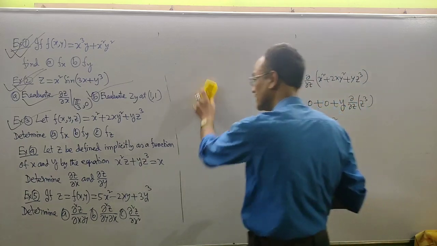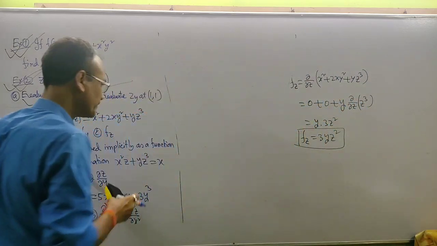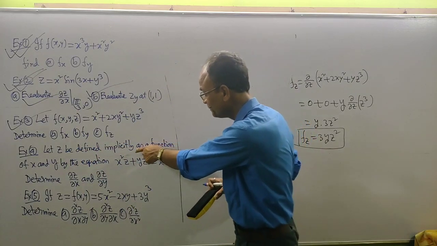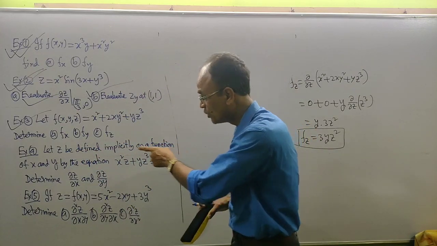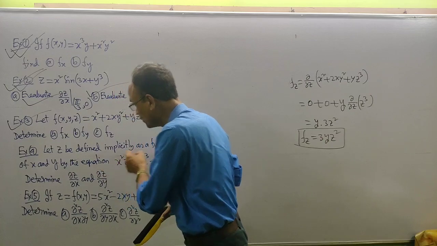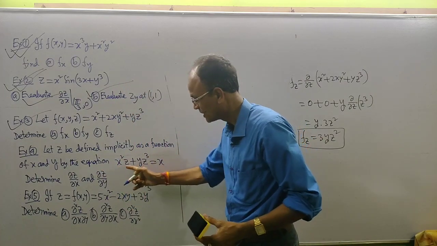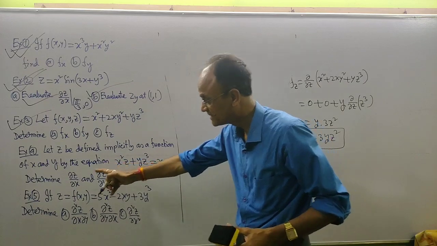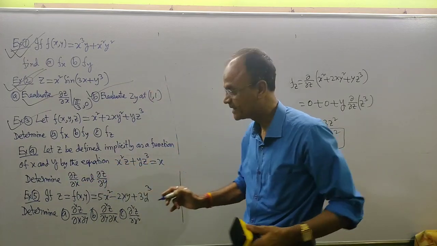Now, come to question number 4. Let z be defined implicitly as a function of x and y by the equation x square z plus yz cube equal to x. Determine del z by del x and del z by del y.